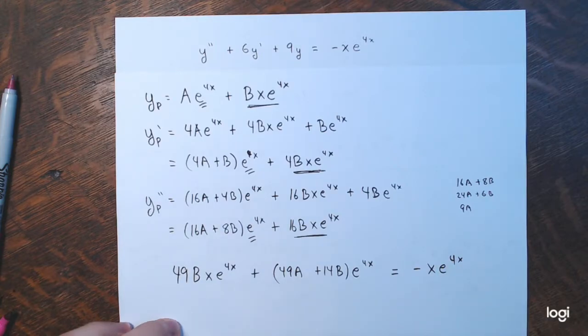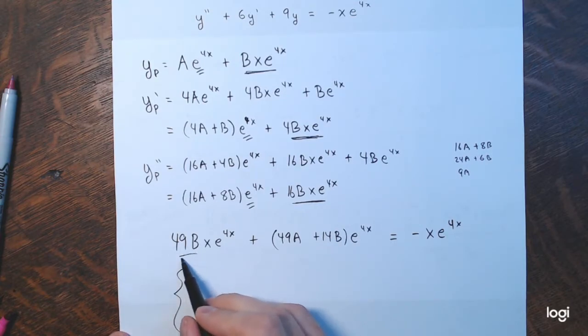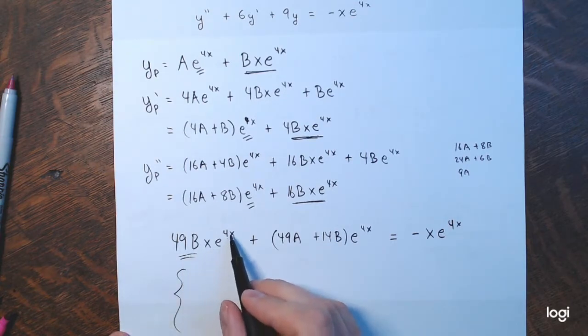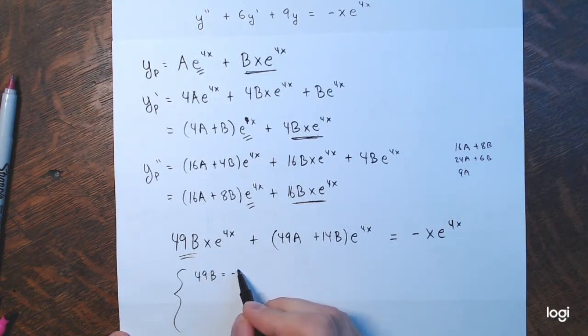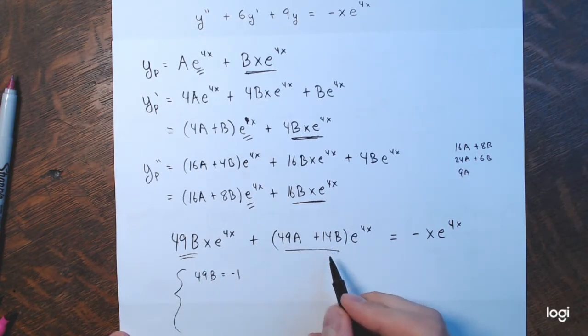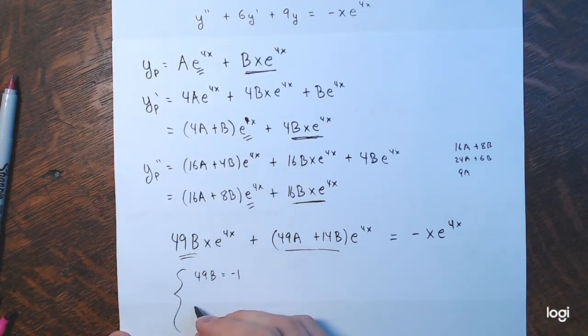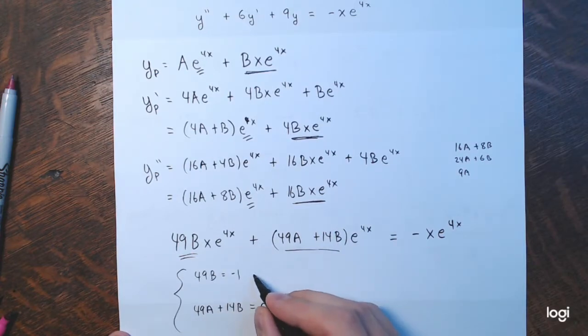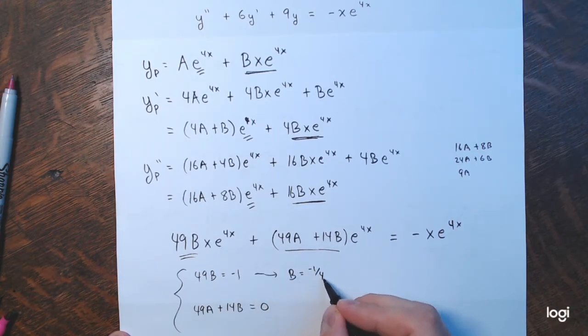All right, and then I equate coefficients of like terms. So 49b here, this coefficient of x e to the 4x, needs to be negative 1. And the 49a plus 14b needs to be 0. From this first equation, b is clearly negative 1/49.